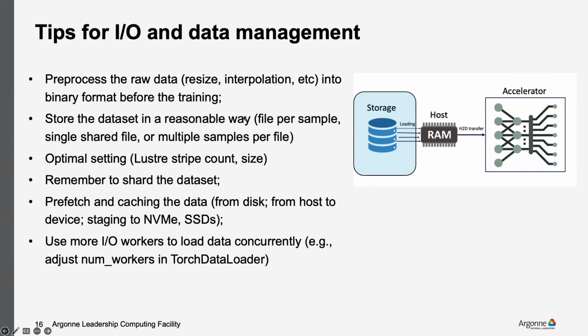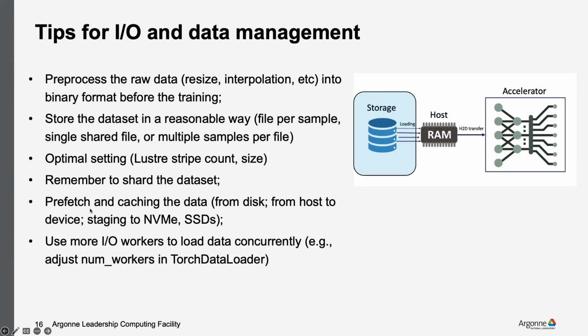Second, always consider how you organize your data. Sometimes you want to organize the data with a file per sample, sometimes you want to put everything into a single shared file, or sometimes something in between, like a few samples per file. Try that, and also make sure to play with larger stripe counts and stripe sizes to get better performance.